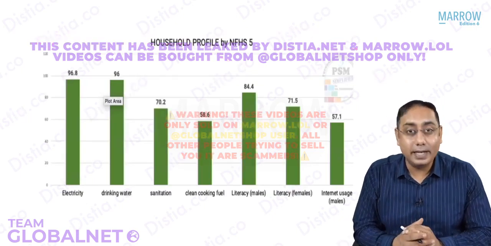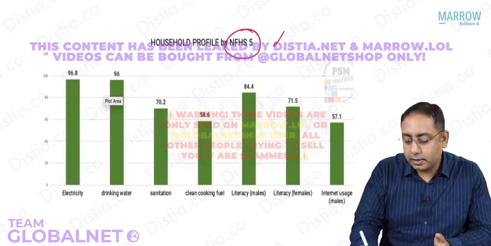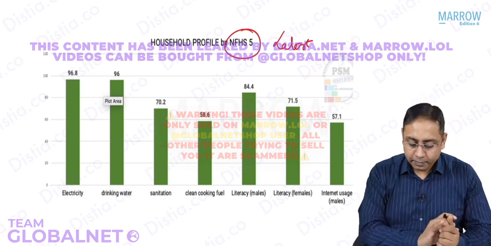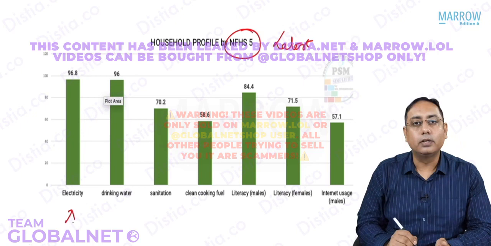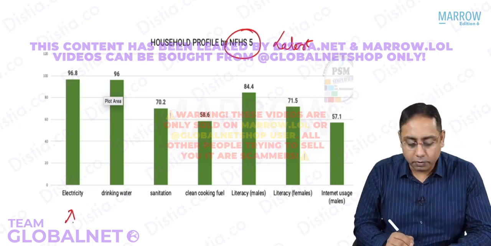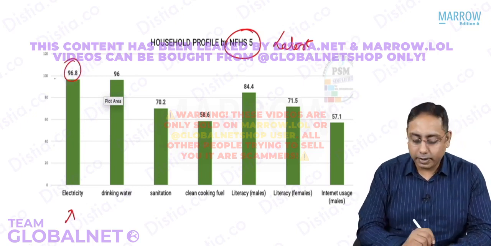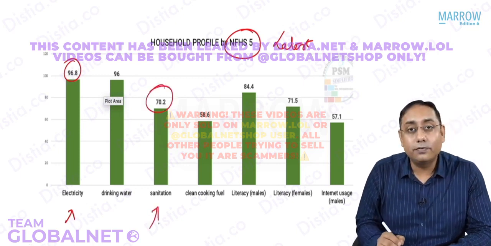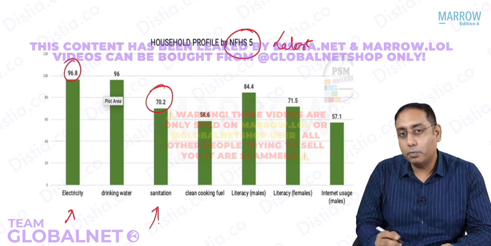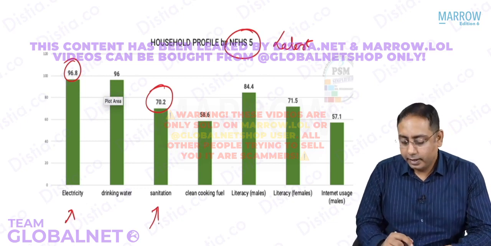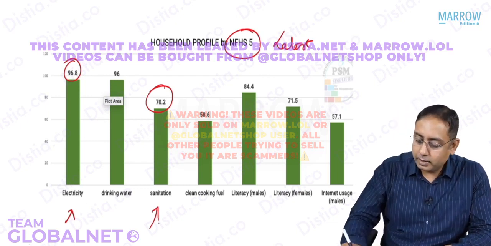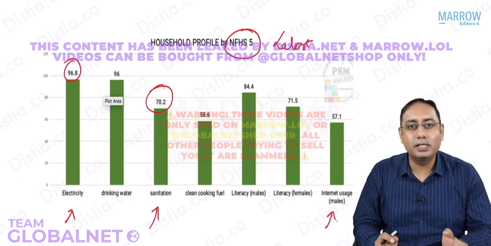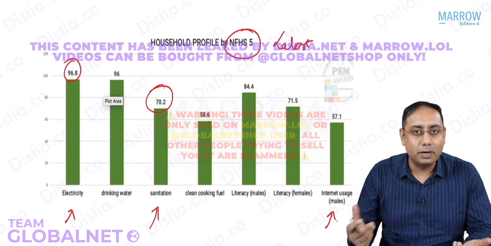If I just show you the latest data, this is the latest data from the NFHS 5 data, which was 2019-20. So you can see that the number of population who already have electricity in their homes is a good number, 96.8. But can you see that sanitation, the good toilet facility, was available to only 2/3 or 70% of the Indian population, and the internet use in males was very low, like 57% of the males were actually using internet or smartphones.